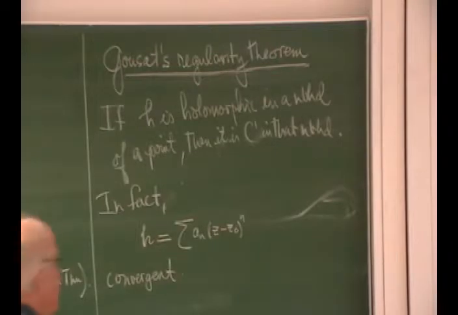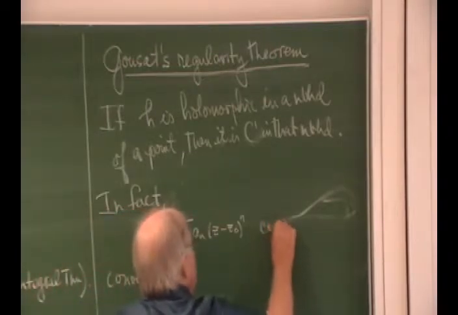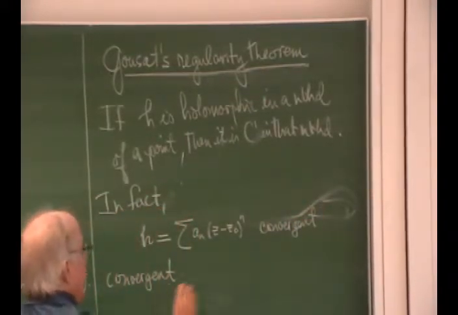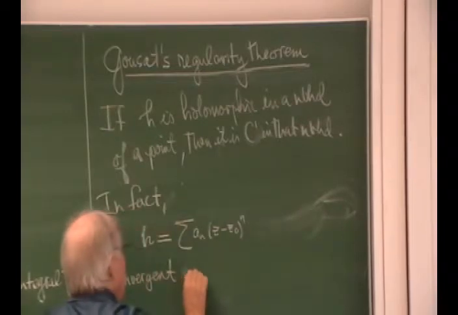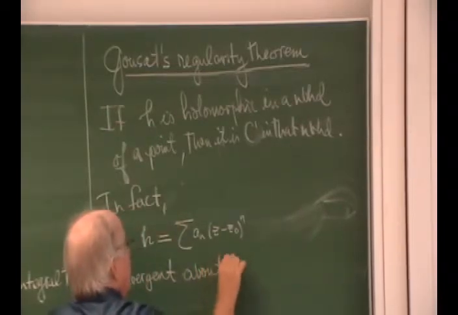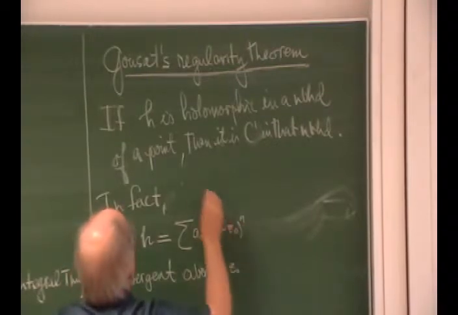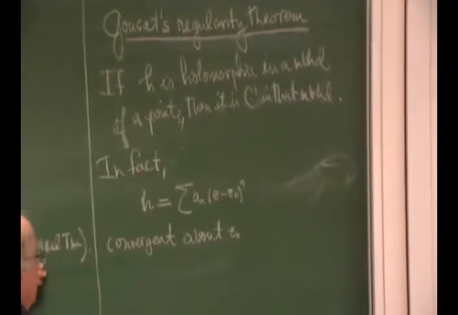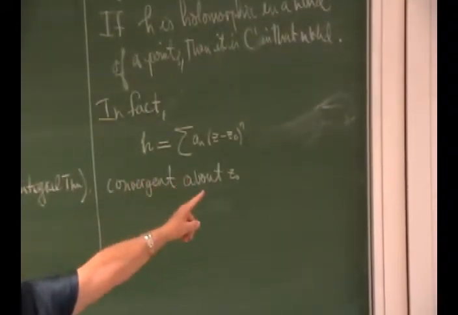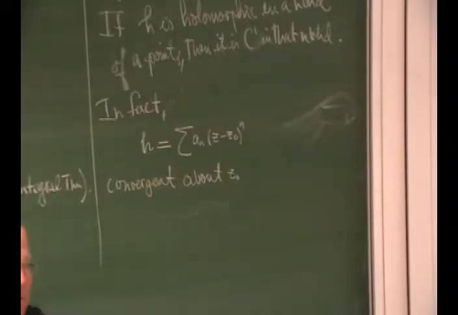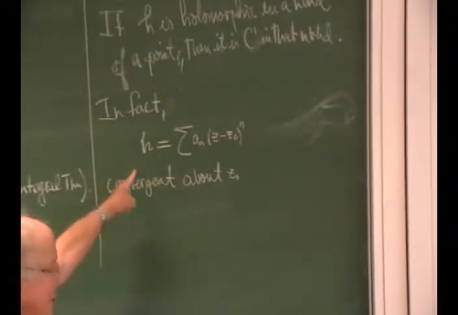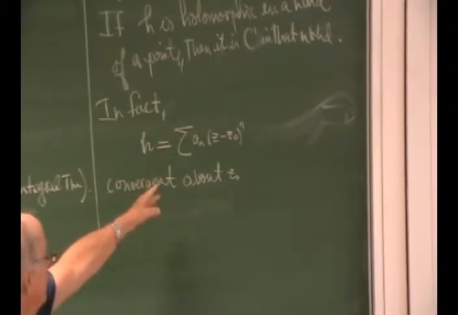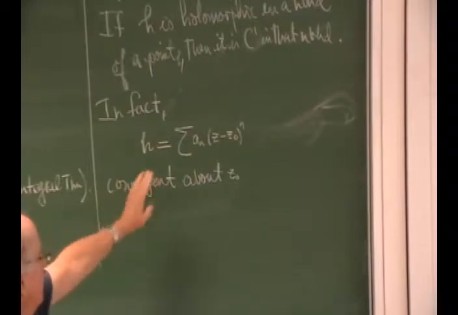Let's say the point is 0. That's very interesting. At the end of Goursat's proof, he proves this, and of course that is more than C1. This is what we call an analytic function. This thing is much better than C1.